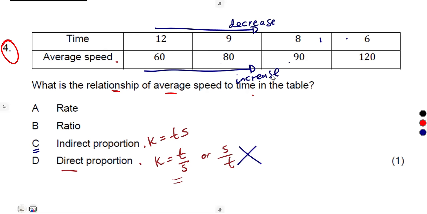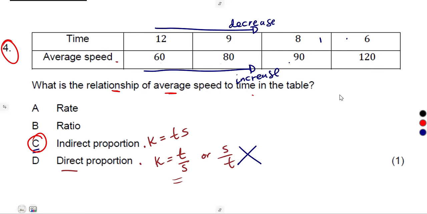There is an increase. These two do not go hand in hand. So that's an indirect proportion. Remember that, from our introduction, I talked about this condition. All right, so anyways, guys, that is it. The best answer there is indirect proportion, which was C.